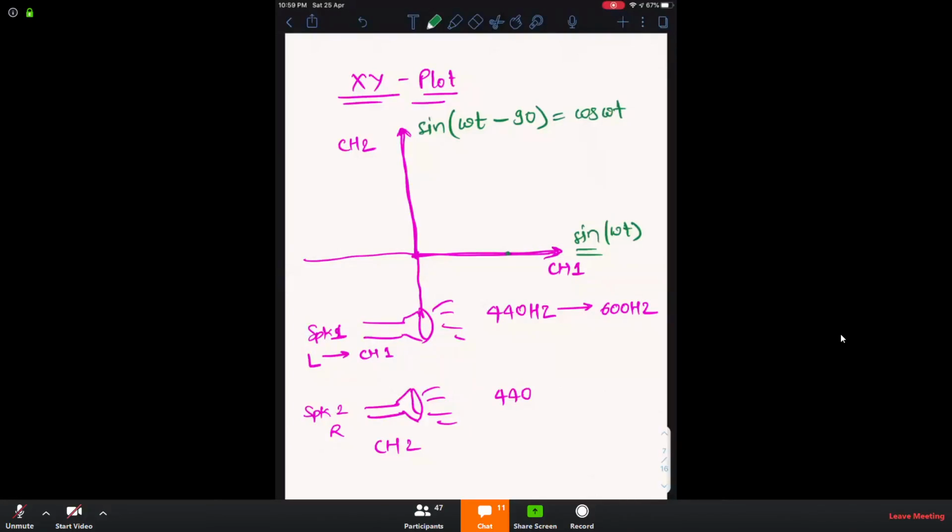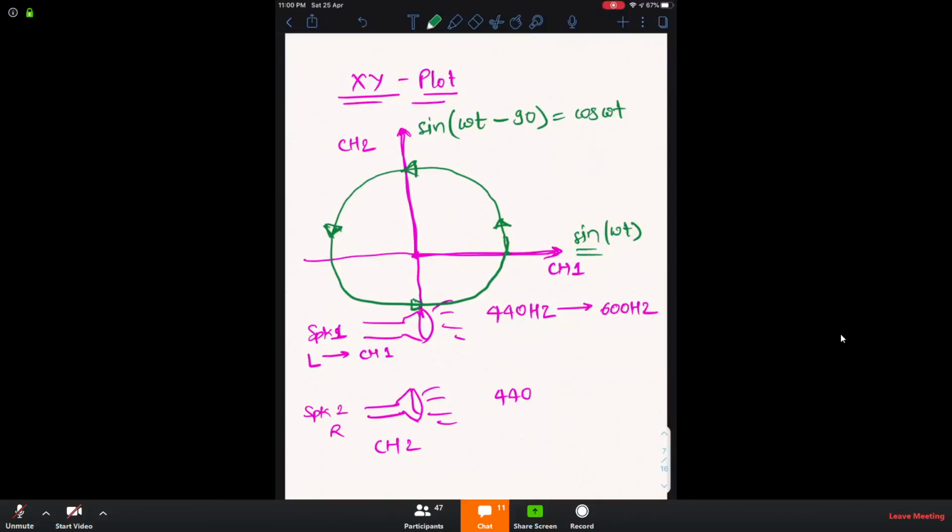When you plot sine omega t against cos omega t, you will see this kind of figure on the screen. This is known as the Lissajous figure.